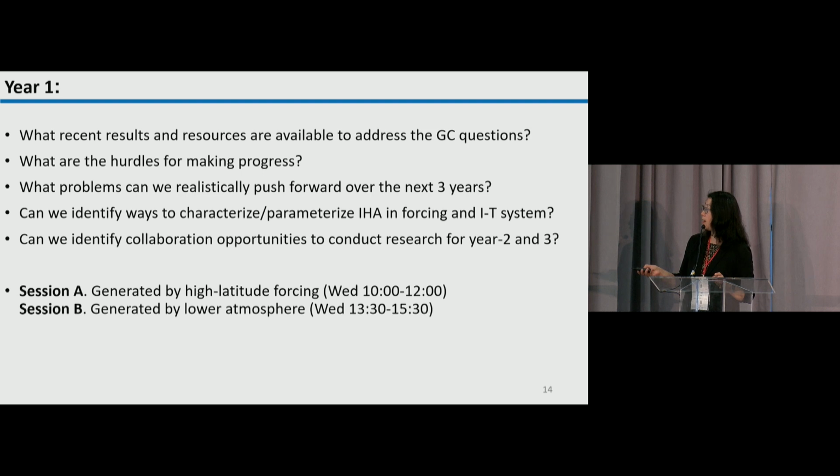The first one will focus on high latitude forcing, and the second one will focus on lower ionosphere forcing. I will leave it to our co-conveners, Qingyu and Astrid, to introduce each individual topic. Welcome, Qingyu.